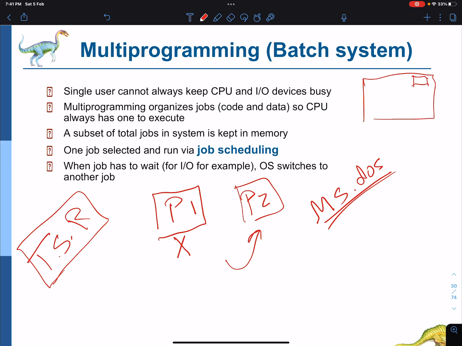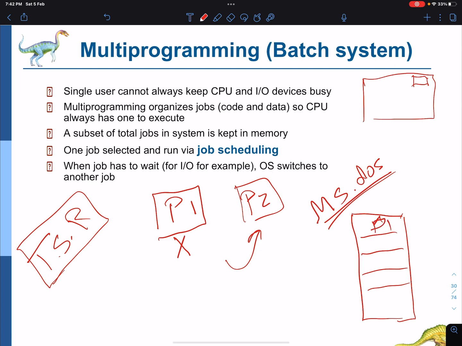All right. So that's the single program computer. So what about multi-programming? Multi-programming is when your operating system loads many different programs in memory at the same time. P1, P2, P3, P4, P5.